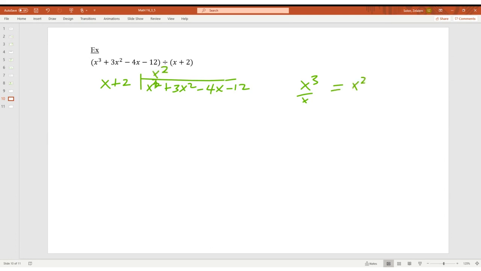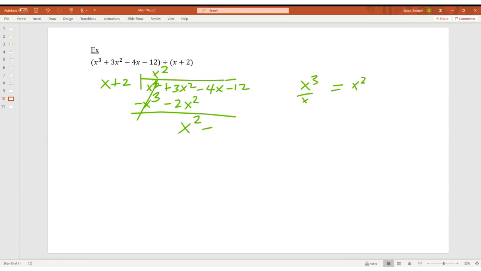When you back multiply, x squared times x is x cubed, and we change it into minus. X squared times 2 is 2x squared, and we change it into subtraction. So don't forget to change the sign. So we switch the sign to minus 2x squared. So this cancels out. 3x squared minus 2x squared is just x squared.